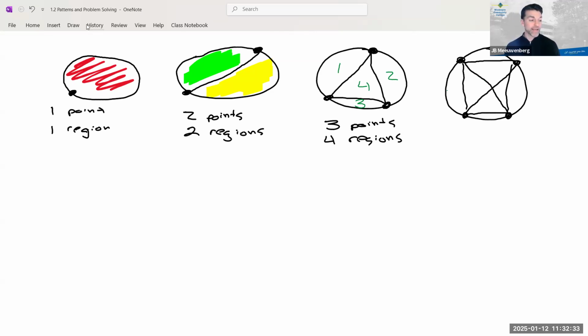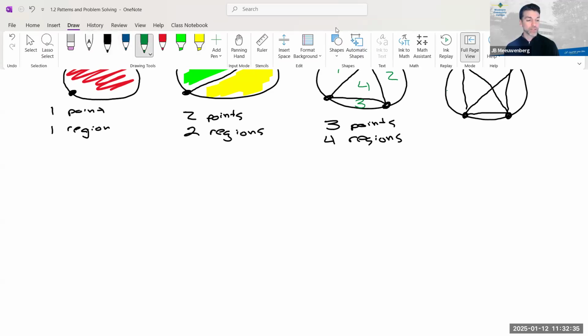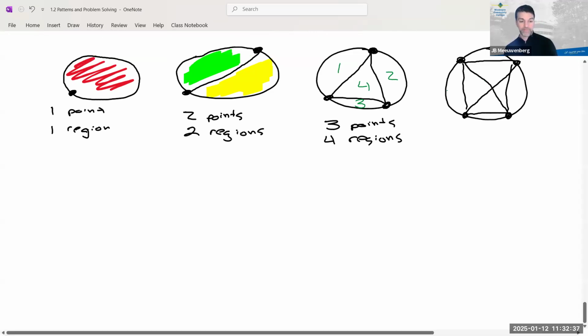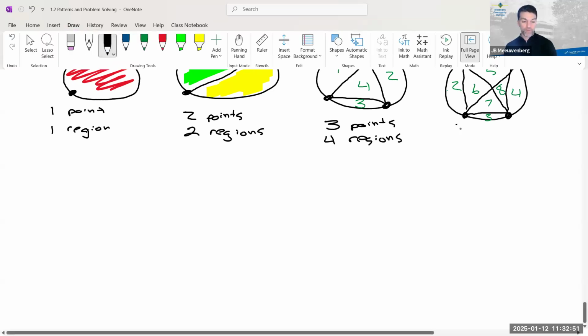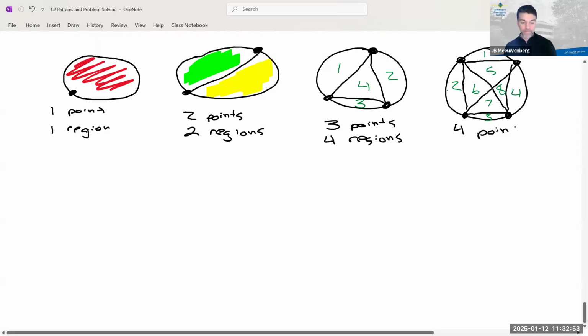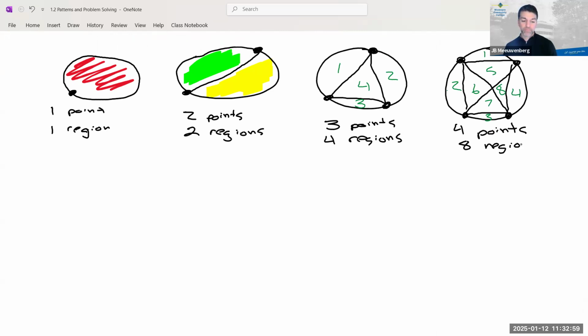If I do that, now they start to get a little small. It's a little harder to find all these. But I made 4 points. So I've got 1, 2, 3, 4, 5, 6, 7, 8. So 4 points gives me 8 regions.